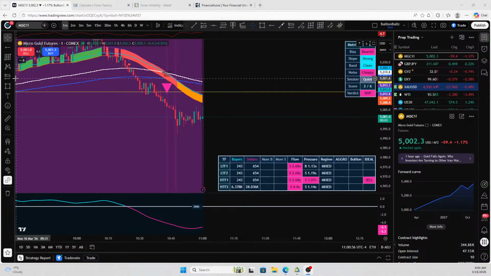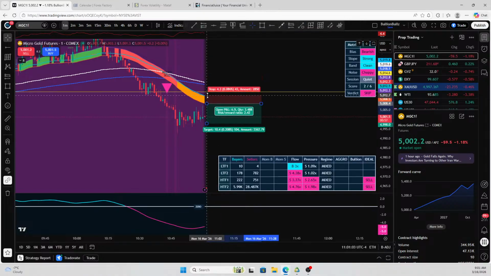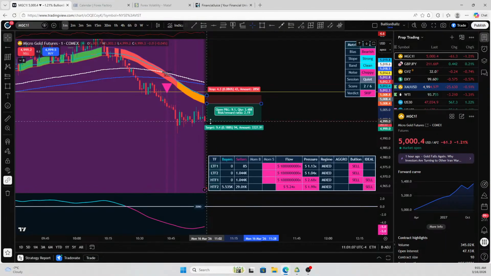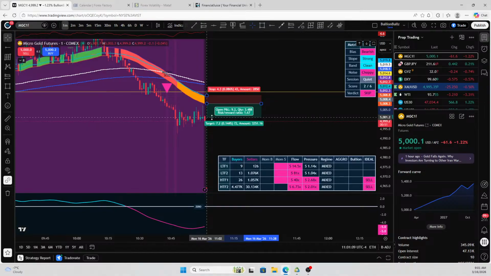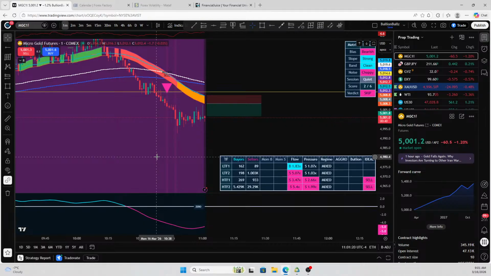I want to see price respecting the band, and as soon as it touches the band, it gives us a minimum 1 to 1.5. This could be one of the trades we can look at today, but I will still not be taking this trade setup because right now I am not interested, especially with the news coming out in almost 29 minutes.